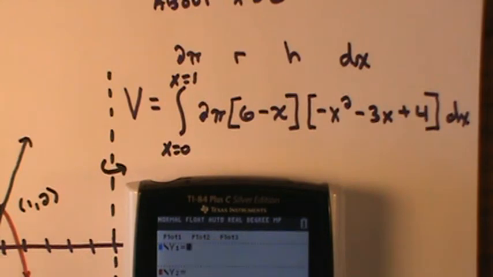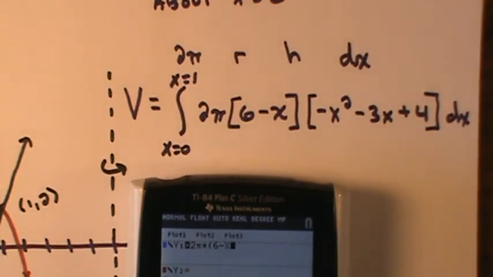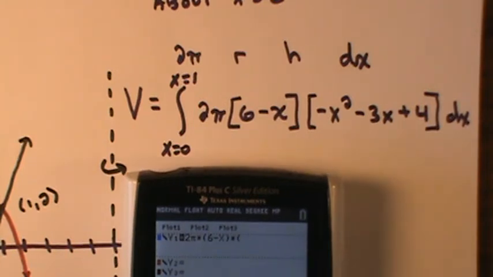So I'll type this in. I'll go 2 pi times parenthesis 6 minus x, close parenthesis, times parenthesis negative x squared minus 3x plus 4.